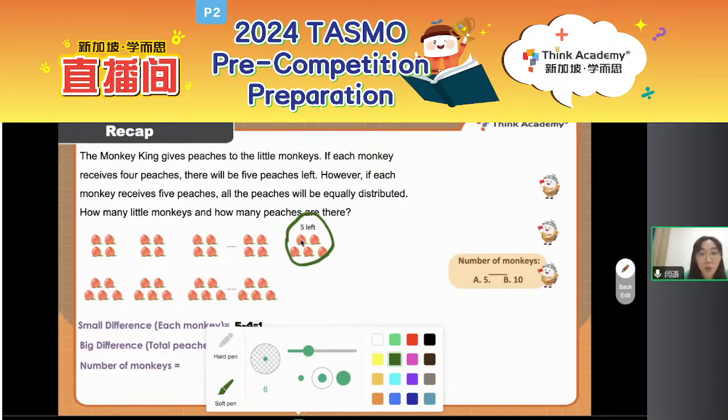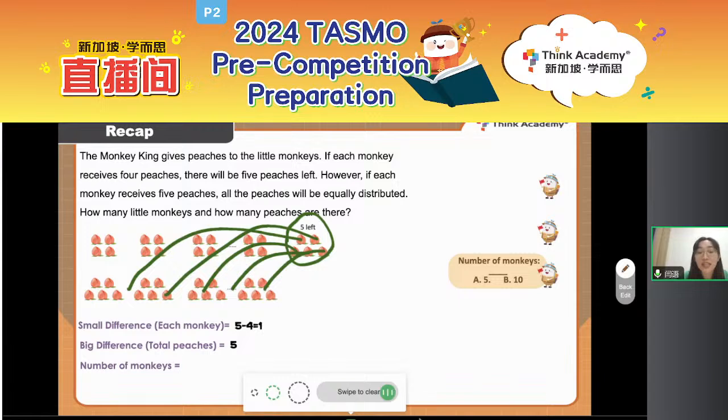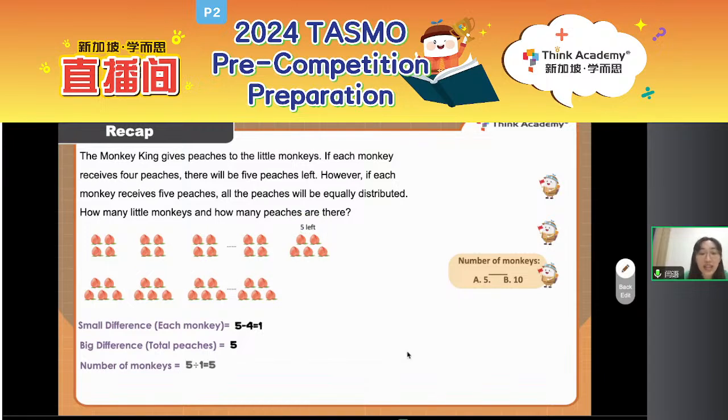So just compare the small difference and the big difference. You can find that, okay, 1 more peach for the first monkey, 1 more for the second monkey, 1 more for the third monkey, 1 more for the fourth monkey, 1 more for the fifth monkey, okay? No more. So in order to figure out the number of monkeys, we just divide the extra part by the small difference.